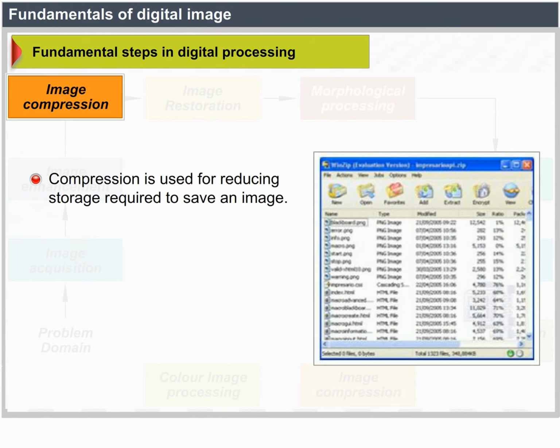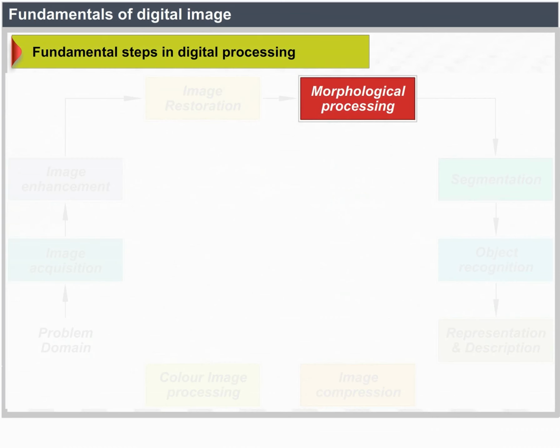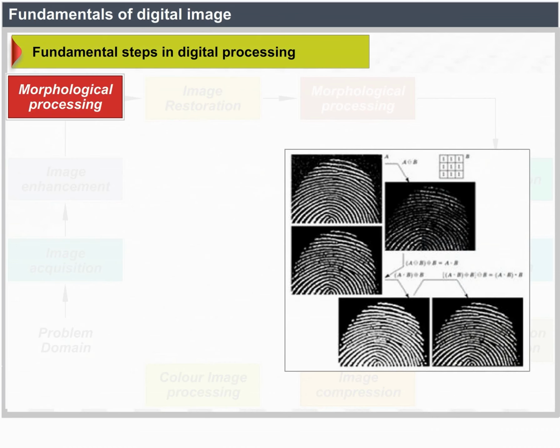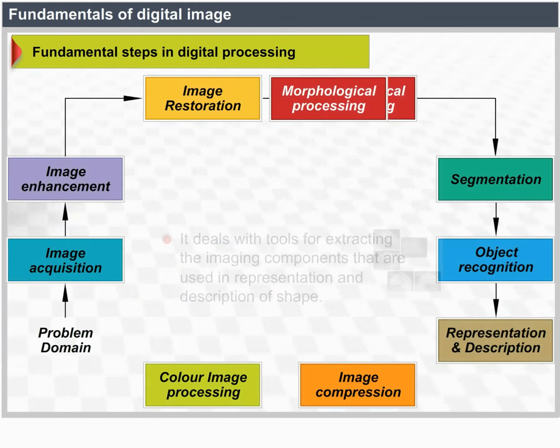Compression. Compression is used to reduce storage required to save an image, and bandwidth required to transmit it. Morphological processing. It deals with tools for extracting the image components that are used in representation and description of shape.